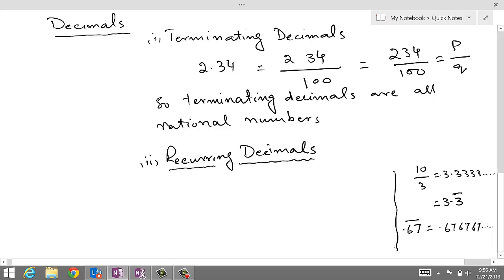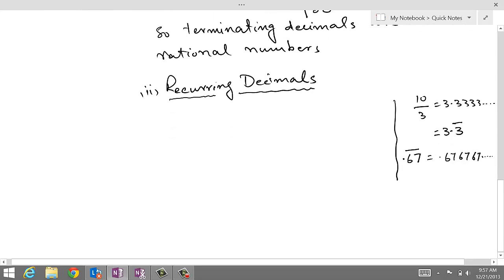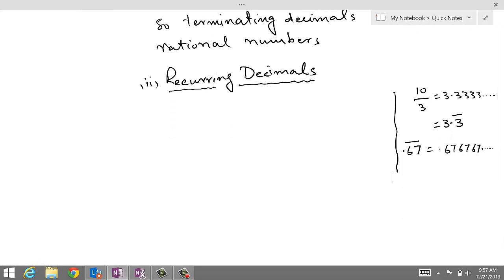Now the question is, can these recurring decimals be represented in the form p over q? Let's take the first number.